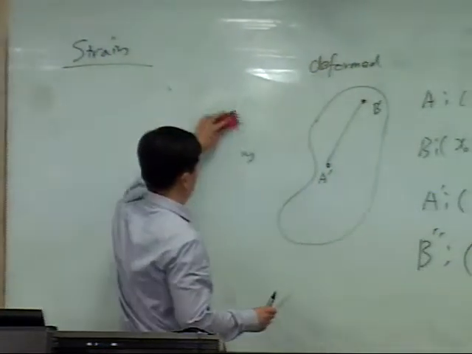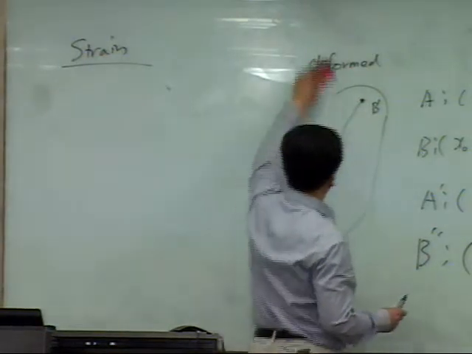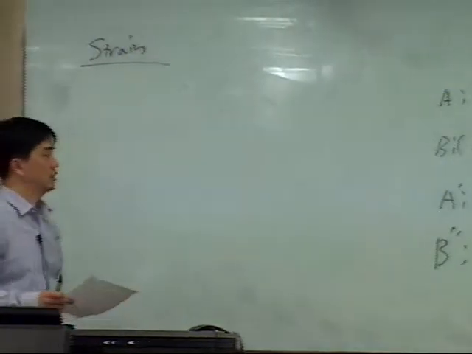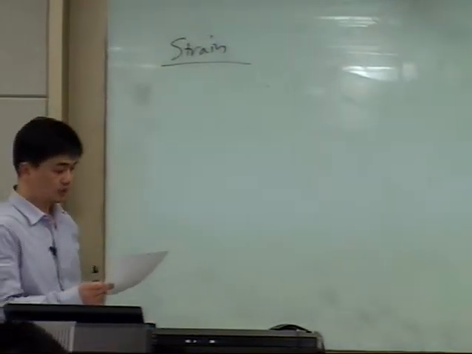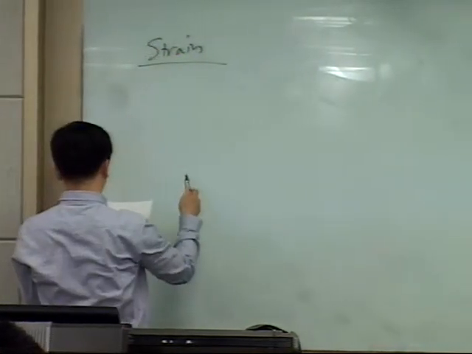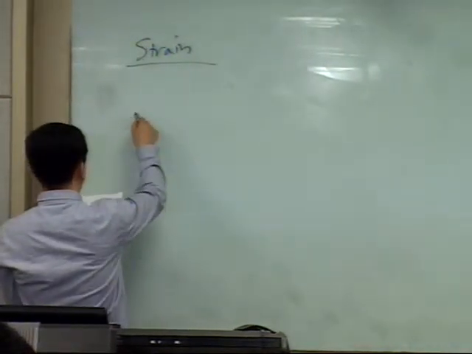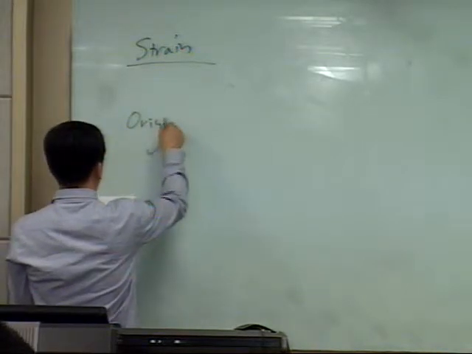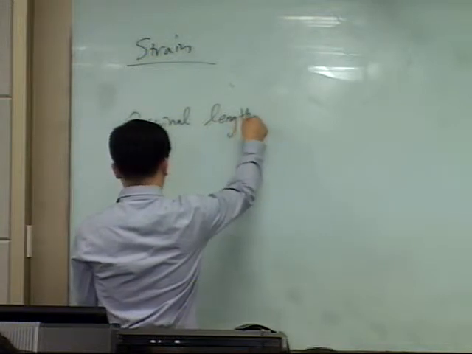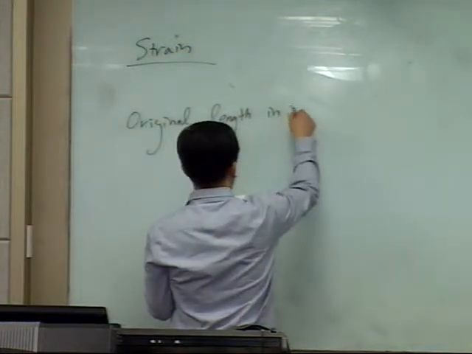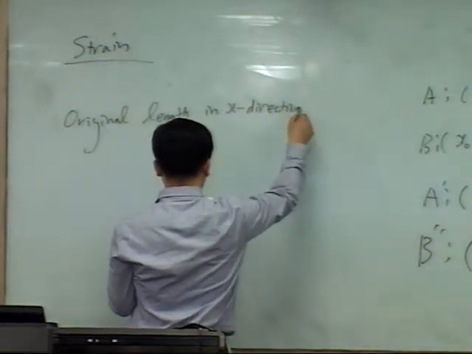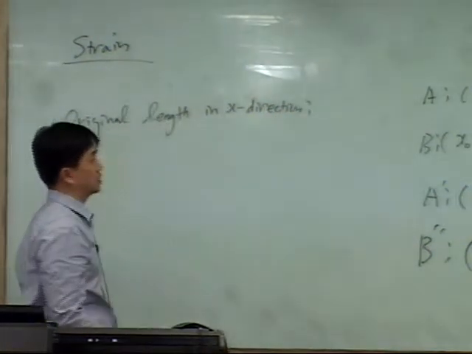Now let me measure the distance between point A and point B. The original length in the x direction: what's the original length?